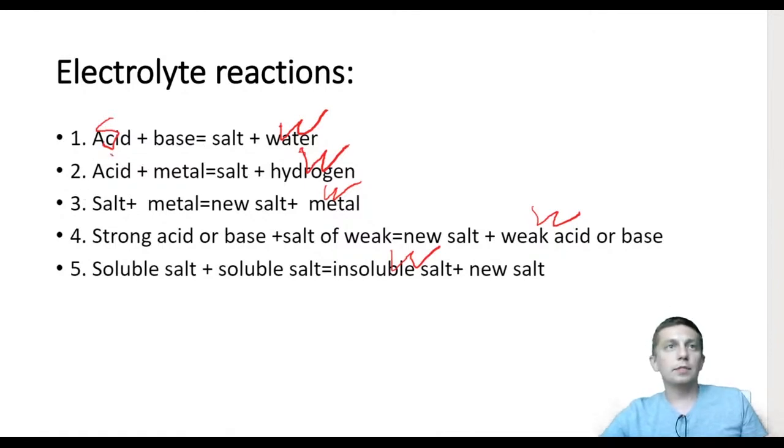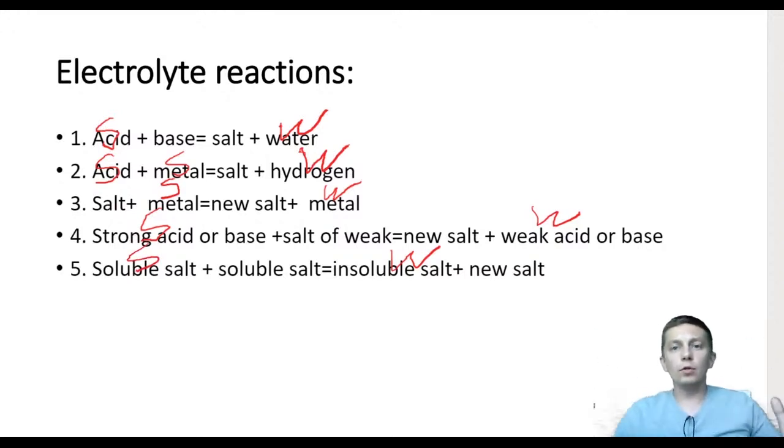Same principle with this case, and same case with number 3, because a stronger metal replaces a weak metal. Strong acid, it's definitely strong, can replace weak. Soluble is also strong, replaces weak. So overall, the general tendency for all electrolyte reactions: from strong you get weak.